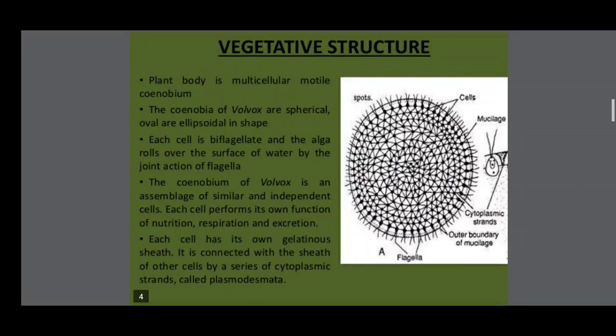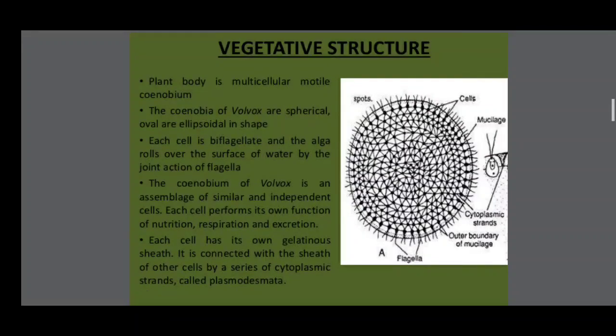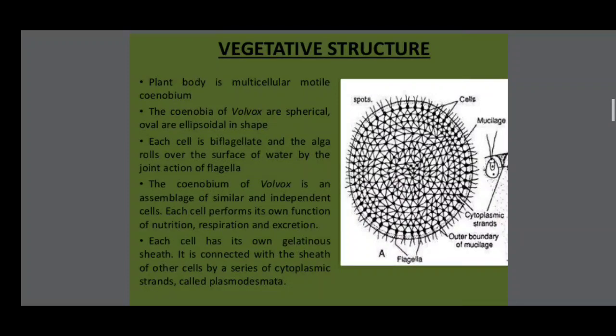All cells are connected to one another, but every cell has its own nutrition, its own respiration and its own excretion. The cells are independent in function, yet at the same time they act as a multicellular colony. Listen, the cells are independent, but combined they form one organism. This is the most important fact about coenobia.